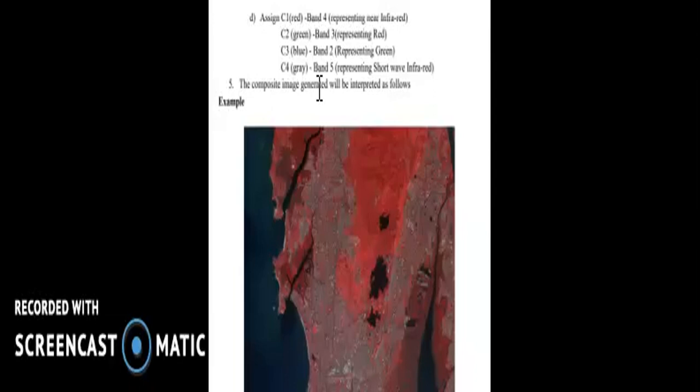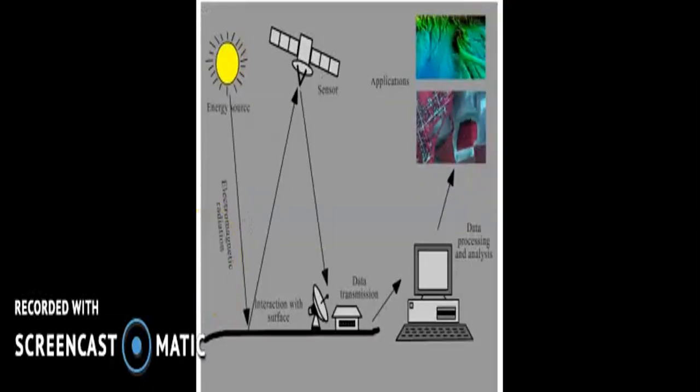So let's go back to our PowerPoint. Back to the parts of remote sensing, we were at the first part, that is data acquisition. After the energy resource, what we were discussing is interactions with surfaces.